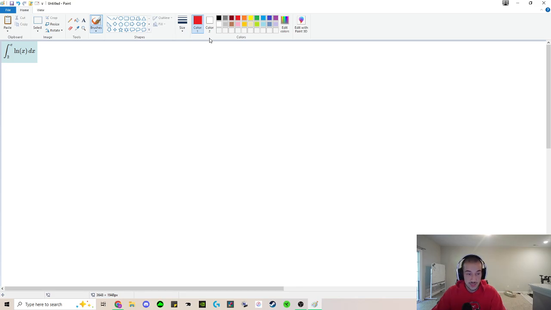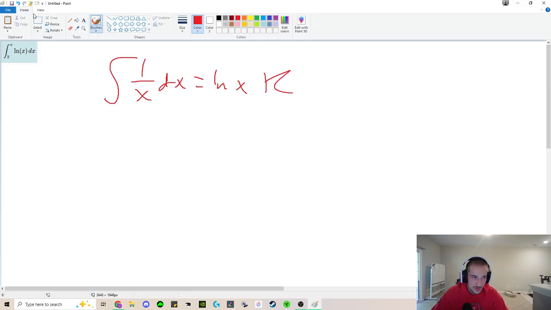That's clearly not the case, right? Because that would just be immediate here. What we do know is that the integral of 1 over x is ln of x, plus c. So make sure you do remember your plus c's. That actually is important. Okay, so we have 1 over x dx is ln x.